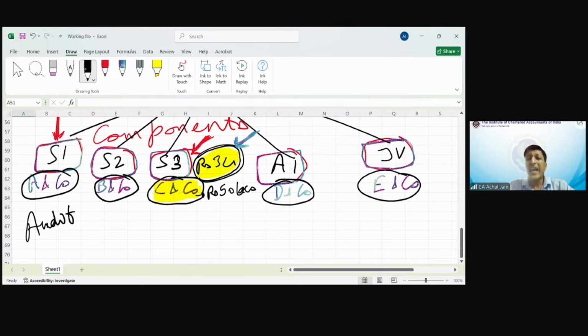But for S3, because it's immaterial at the group level, the parent auditor may decide that audit should not be performed for S3. Only the analytical procedures may be performed, or a review may be performed instead of audit.